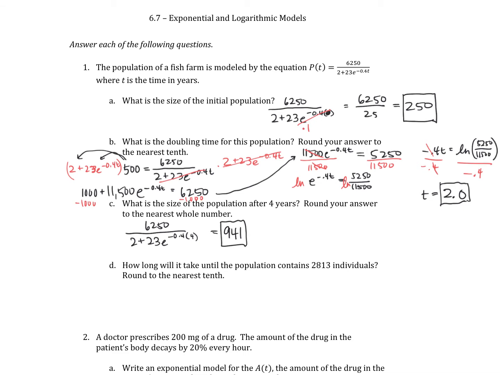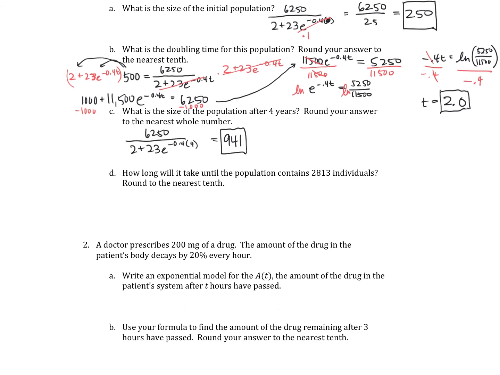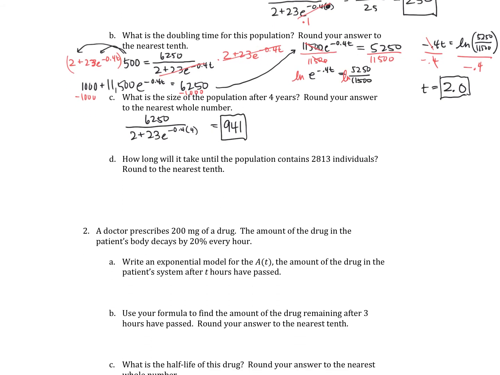And then part D, how long will it take until the population contains 2,813 individuals, and round to the nearest tenth? So this one is going to be similar to part B. They give us the population this time, so 2813 is equal to our formula.